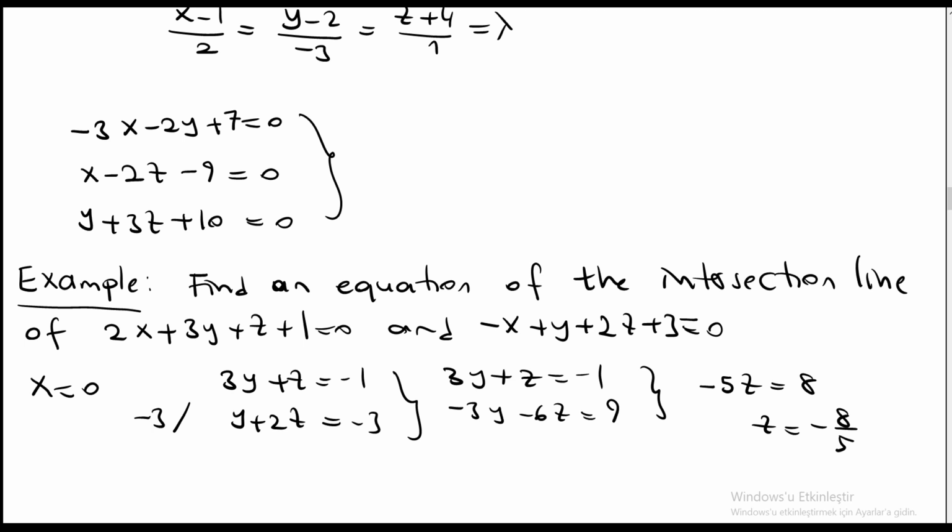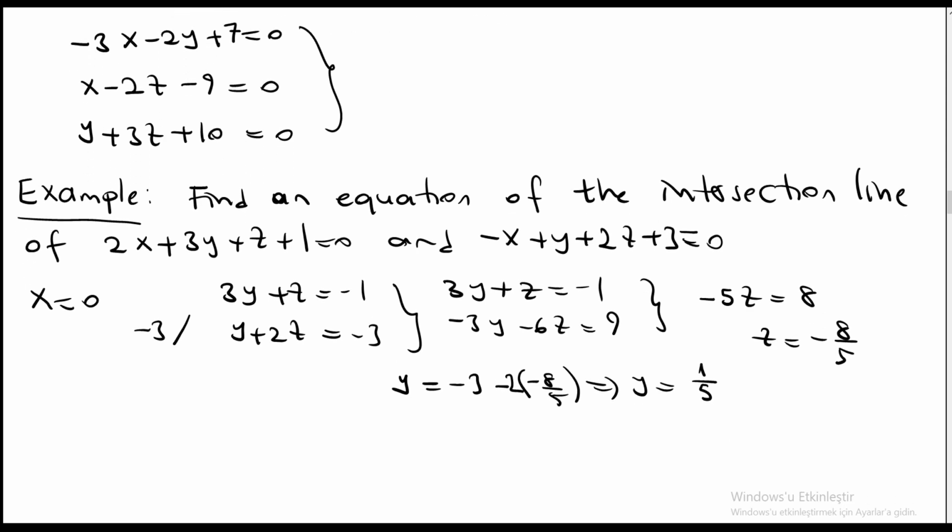If this is z, then we can find the y. Y will be negative 3 minus 2 times 8 over 5. So y becomes 1 over 5. So our point is this, let's say p sub 0: 0, 1 over 5, negative 8 over 5.